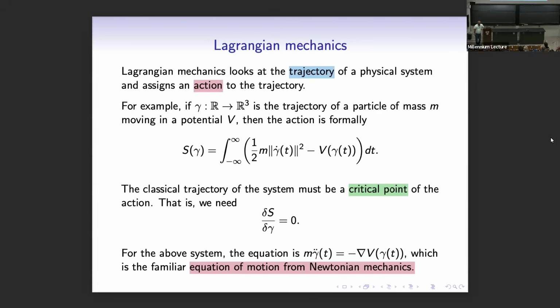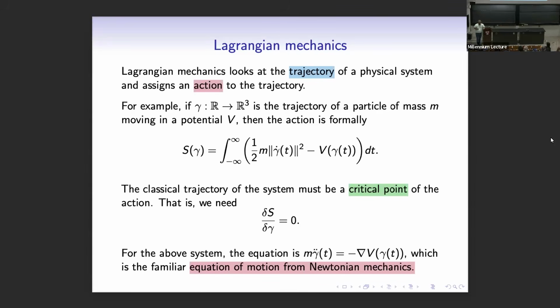And for this system, the critical equation is m times the second time derivative of gamma equals minus the gradient of V at gamma(t). So this is the usual equation of motion from Newtonian mechanics. So you recover that equation by looking at the critical points of the action.